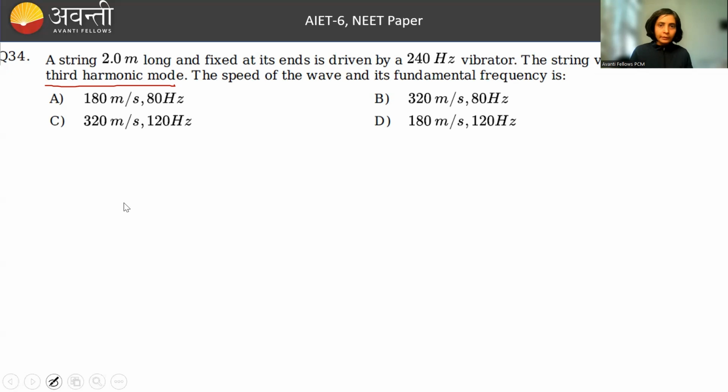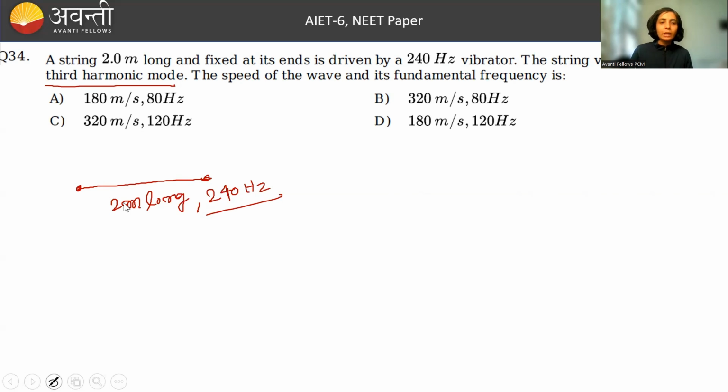So here the string is 2 meter long, as given in the question, and it is driven by a 240 Hertz vibrator. It is excited by the 240 Hertz vibrator, and in that case the string vibrates in its third harmonic.